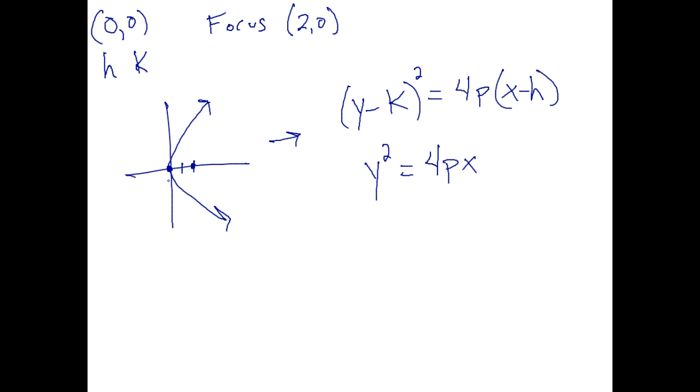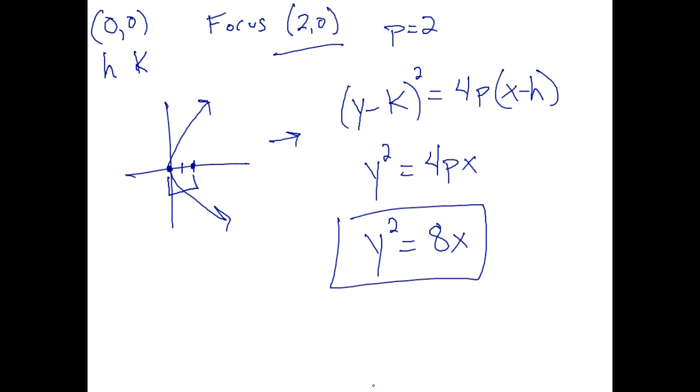Well, remember, p is our distance from the vertex to the focus. Well, if our focus is 2, 0, the distance from our vertex to our focus is 2, so that means p has to equal 2, and so y squared equals 8x is our general equation of the parabola that has a vertex at the origin and a focus at 2, 0.